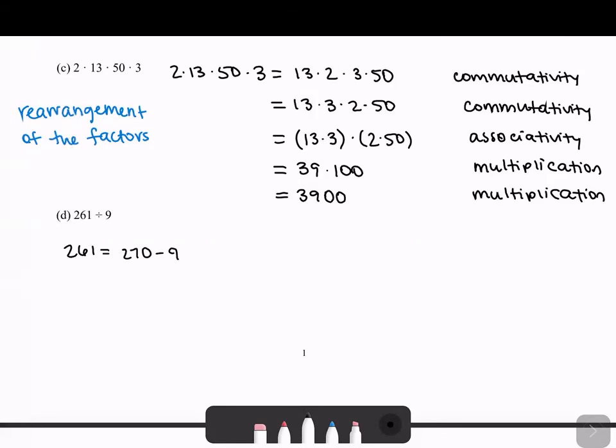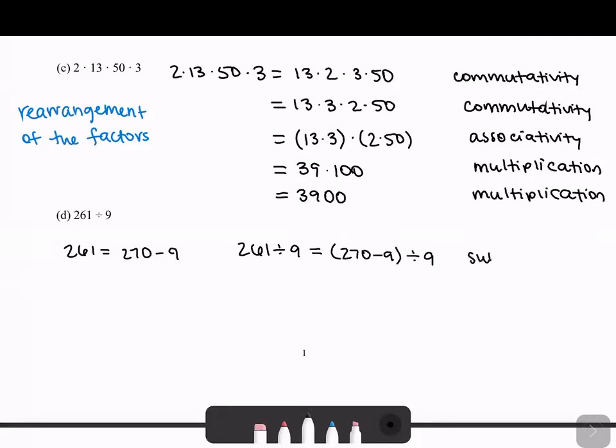We want to try and rewrite our dividend, the number that we divide, as a sum or difference of two things that are indeed divisible by 9. So we look at 261 divided by 9 as 270 minus 9, divided by 9.